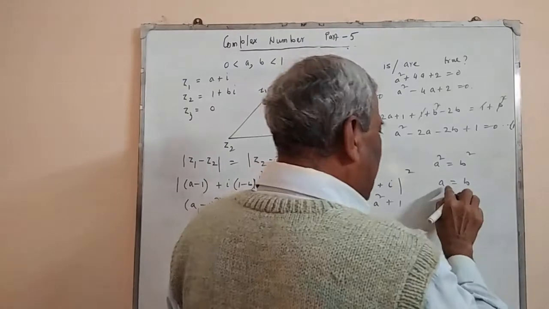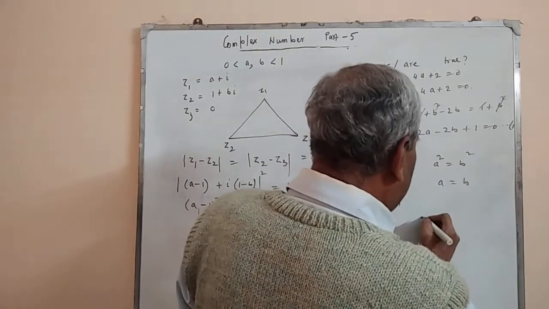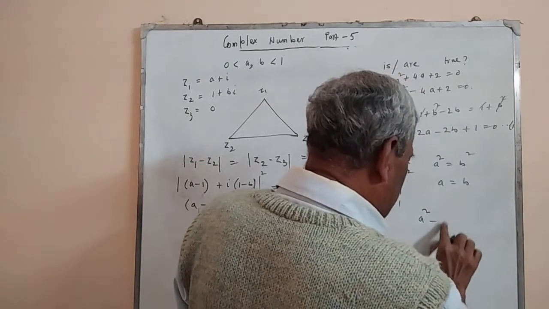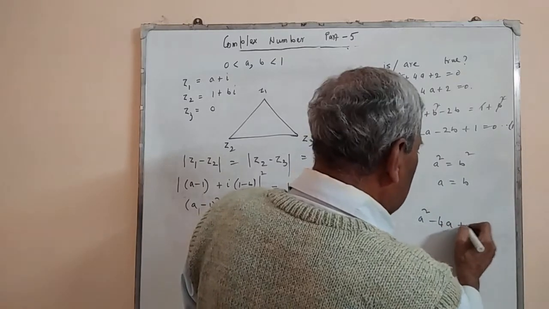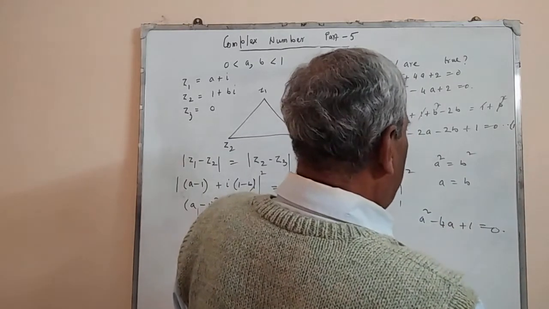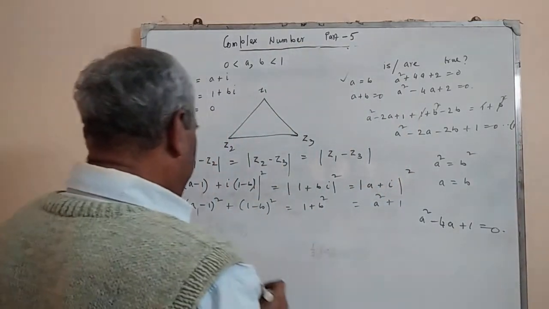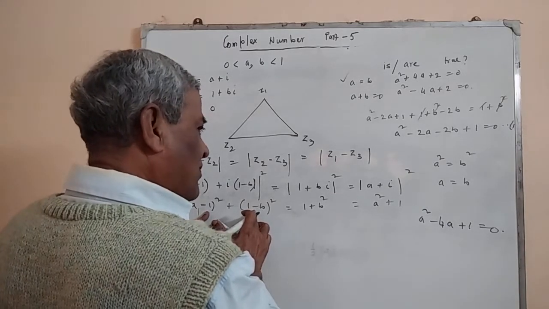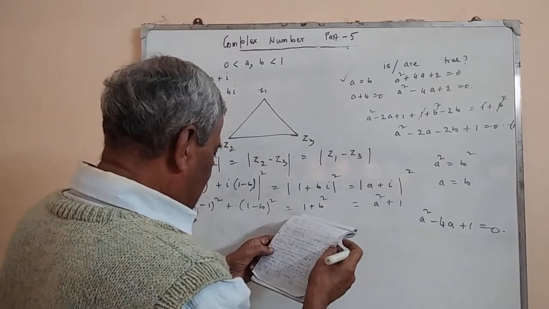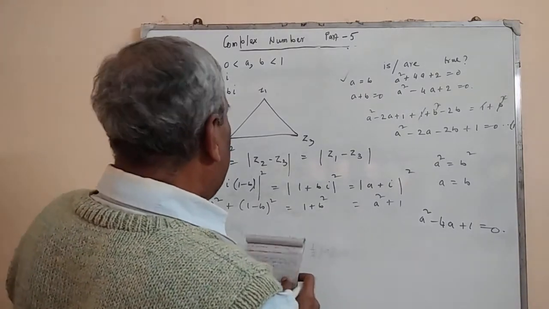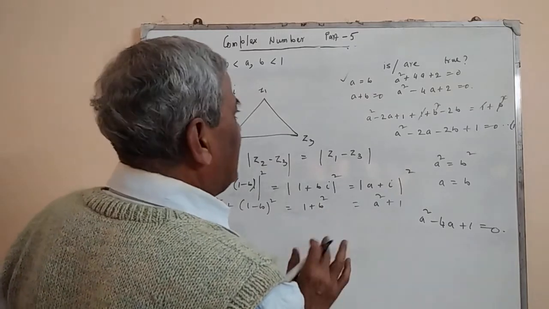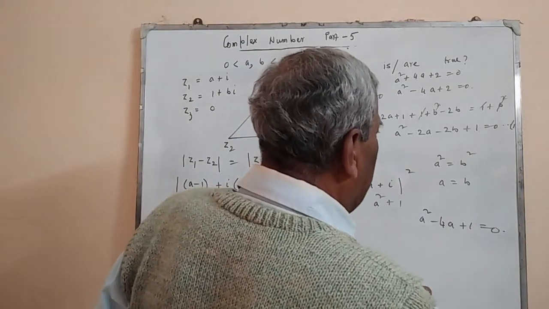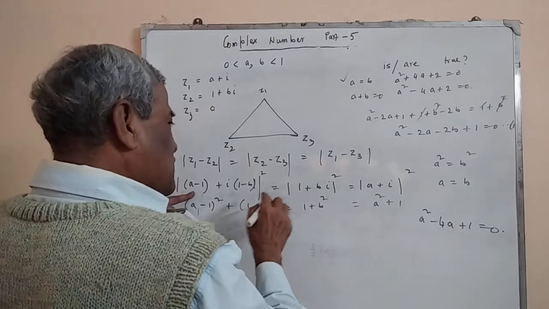And putting this value of A equal to B there, we get A square minus 2A minus 2A, A square minus 4A plus 1 is equal to 0. The result is plus 2. I think I have made a mistake somewhere there. A square minus 4A plus, this is equal to that.